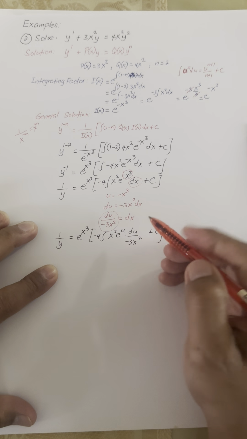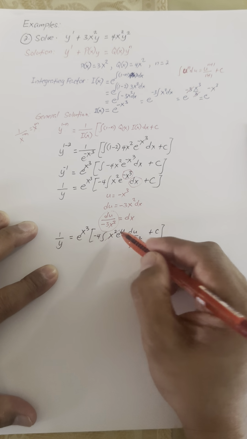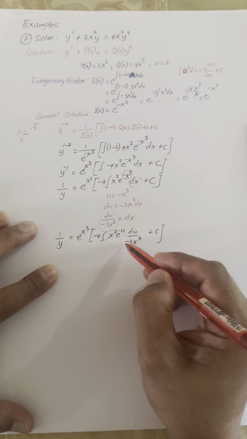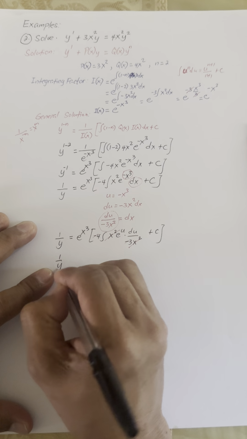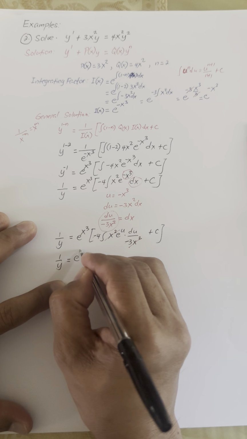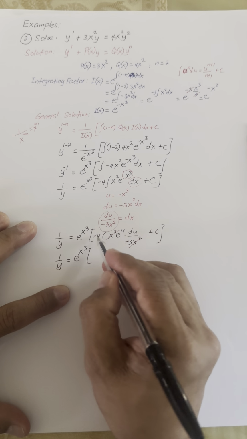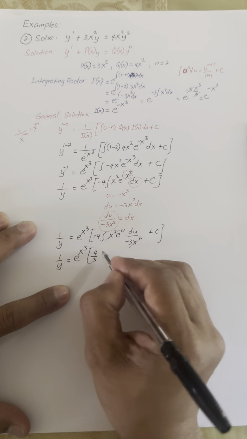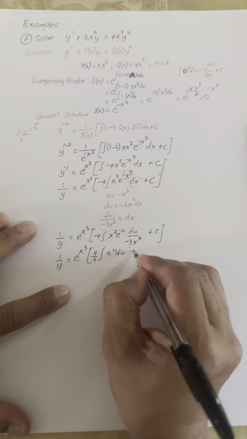We have x squared at the denominator and x squared at the numerator, that cancels out. Negative divided by negative becomes positive. So 1 over y equal to e to the x cubed times, numerator and denominator, we can rewrite this as 4 over 3 integral of e to the u du plus c.